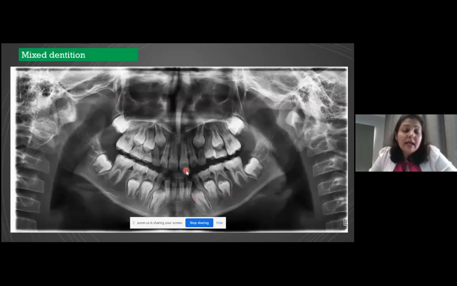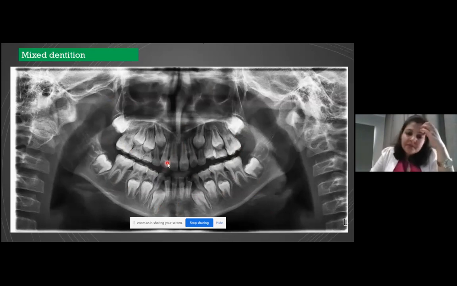When you're looking at panoramic radiographs of children, it is very important to count the teeth. Please be aware of the midline and count the teeth in the first quadrant, the second quadrant, third and fourth quadrant, so that you do not miss out on any impacted or missing teeth.